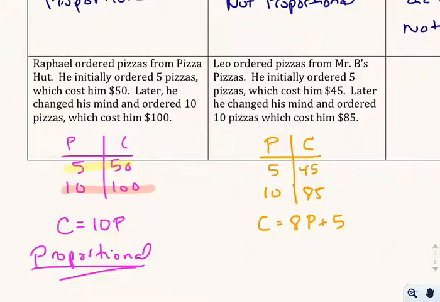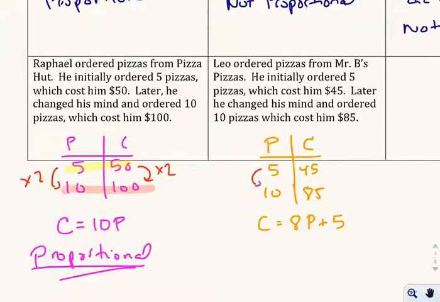Now, another way you can tell non-proportionality right away is if you look side by side, when I double the amount of pizzas, I actually double the cost at the same time. Someone in class on Wednesday said something really nice, which was, well, if you double the amount of pizzas you ordered and it's proportional, it'll work to double the cost as well because there is no initial setup fee.